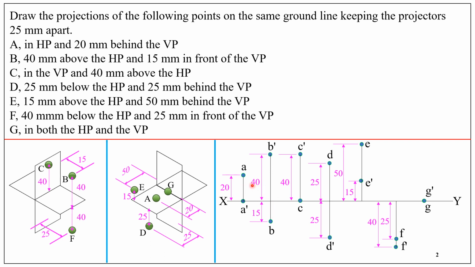So A dash A is a projector, B dash B is a projector. The distance between them must be 25. Similarly, B dash B is a projector, C dash C is a projector. The distance separating them is 25. So each subdivision must be drawn at a distance of 25 millimeters from each other.